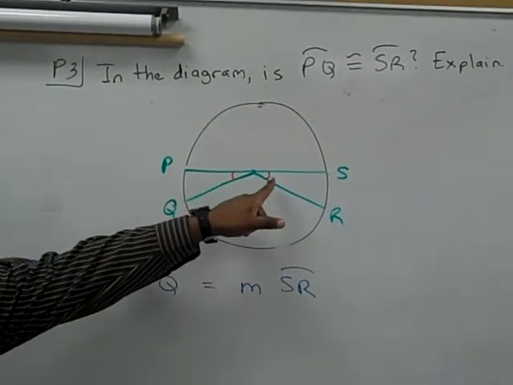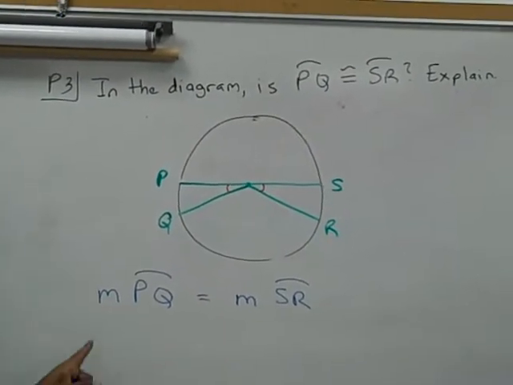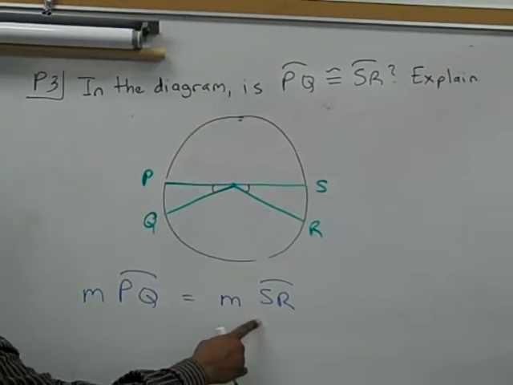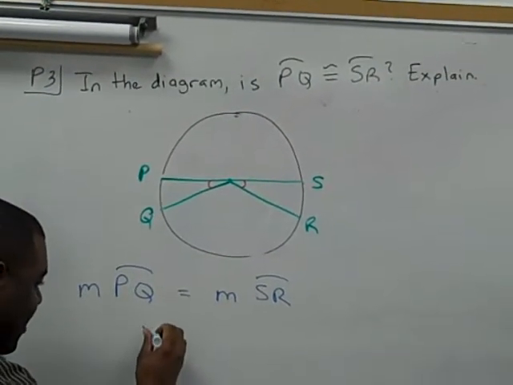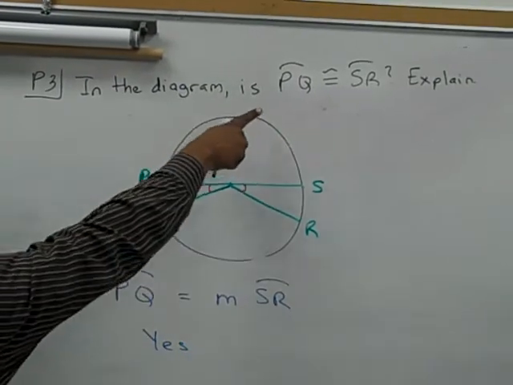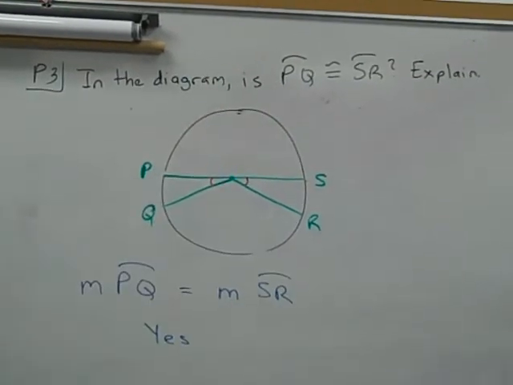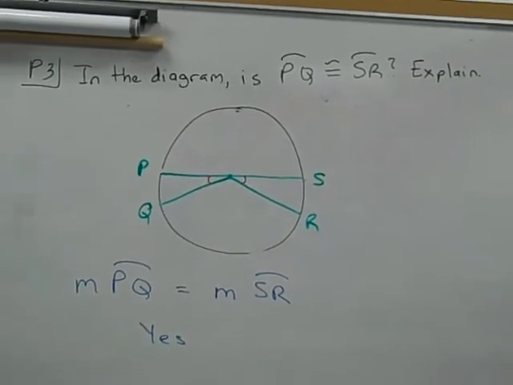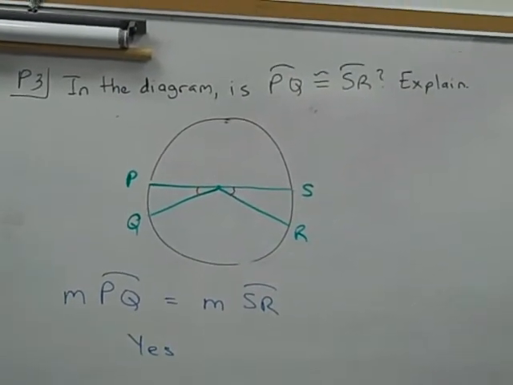And since they both have the same mark, then we can say that these two things are indeed equal. So, since these two are equal, we can say that yes, the arcs PQ and SR are congruent, okay? All right, so there's that.